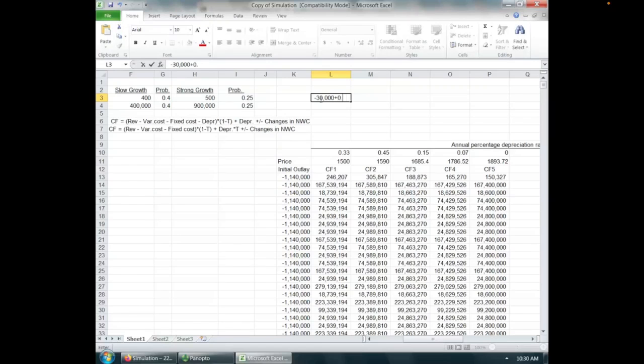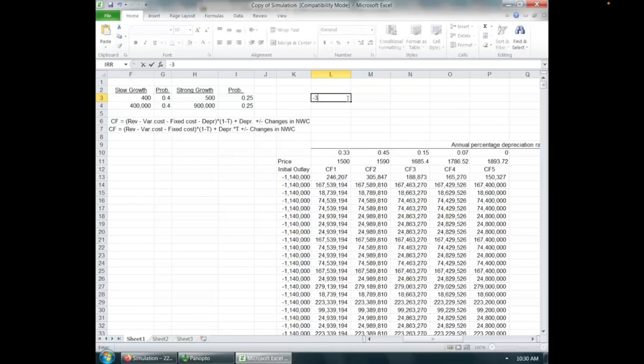Then 11.25 times revenue in year 1 minus revenue in year 2, right? Plus 11.25 times revenue in year 2 minus revenue in year 3. So that will be investment in working capital in the second year, and so on.